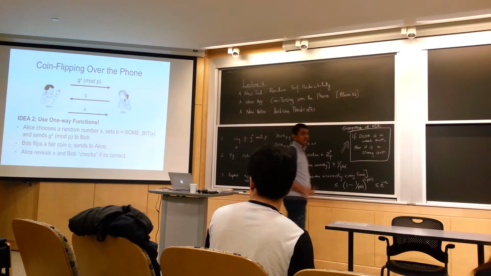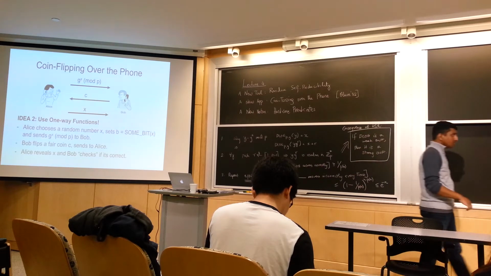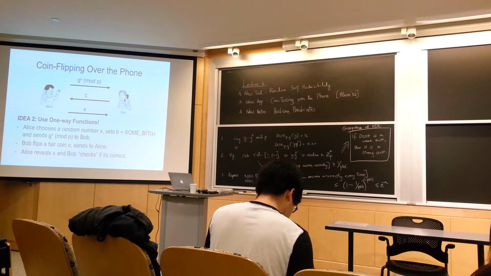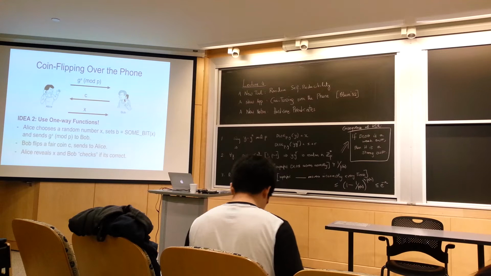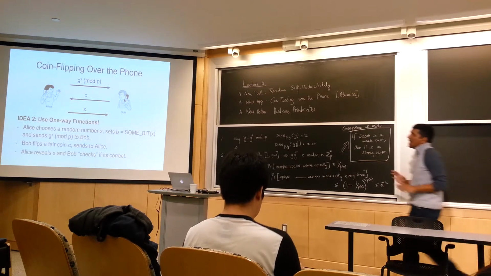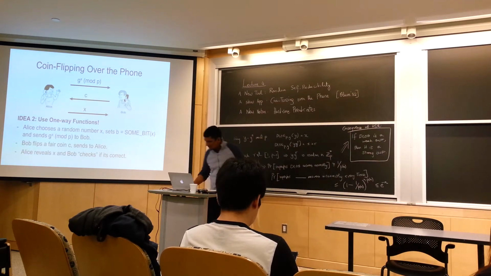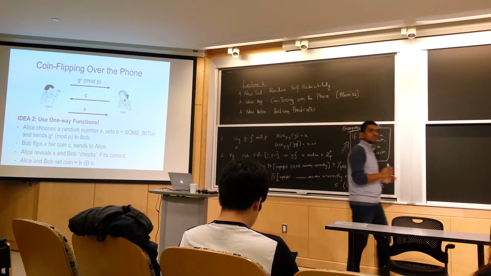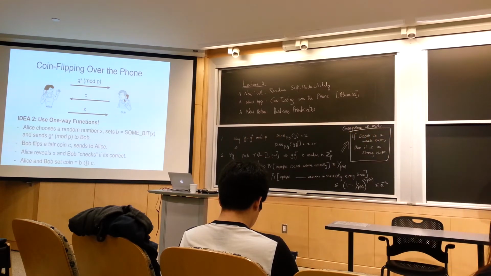Alice reveals this x that she picked. And Bob checks that she isn't cheating. This x that she revealed, g to the power of this x, is equal to the number that she sent in the first message. Okay, so he checks that it is correct. And if everything works out, then Alice and Bob say, well, here's a coin, B XOR C.